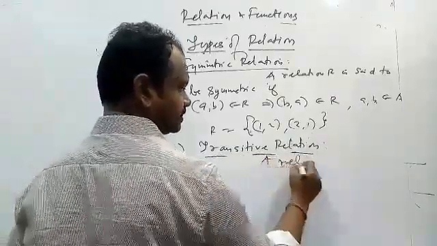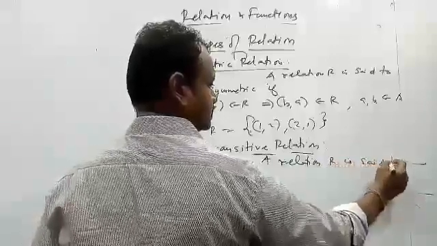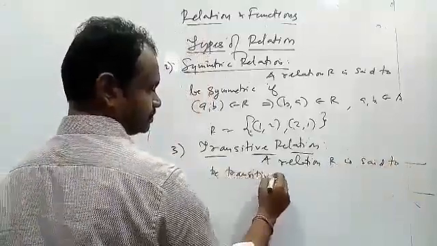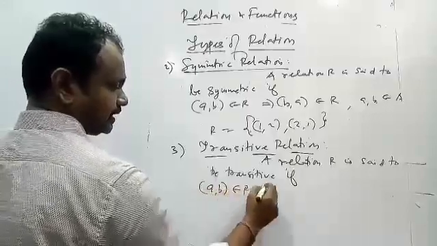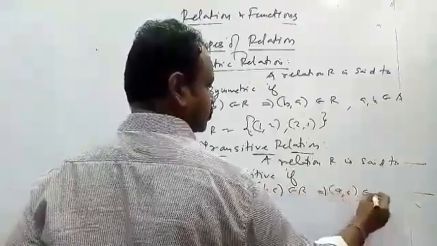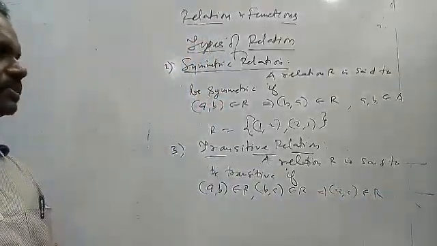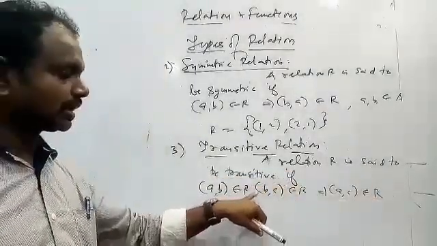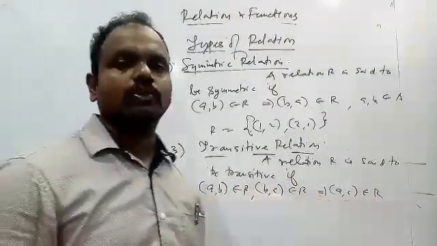A relation R is said to be transitive if A comma B belongs to R and B comma C belongs to R, which implies A comma C also belongs to R. It is known as a transitive relation. So what is a transitive relation? A relation R is said to be transitive if A comma B belongs to R, B comma C belongs to R, which implies A comma C should also belong to R.